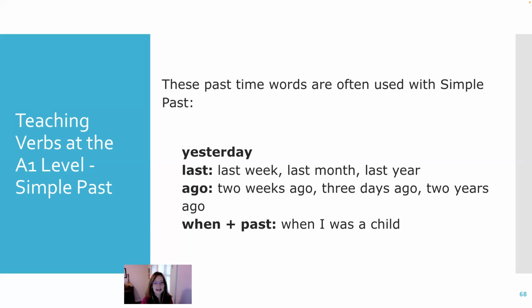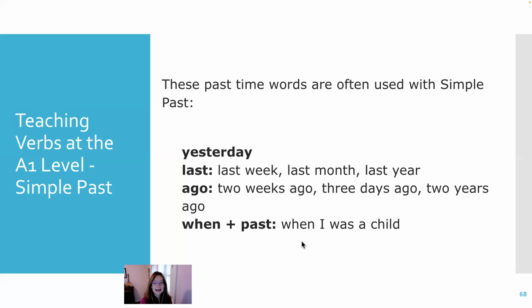So all of those words, last week, last month, last year, or ago, 2 weeks ago, 3 days ago, 2 years ago, I traveled, I visited, I saw. Also with the word when, so when I was a child, I spoke like a child, I thought like a child.